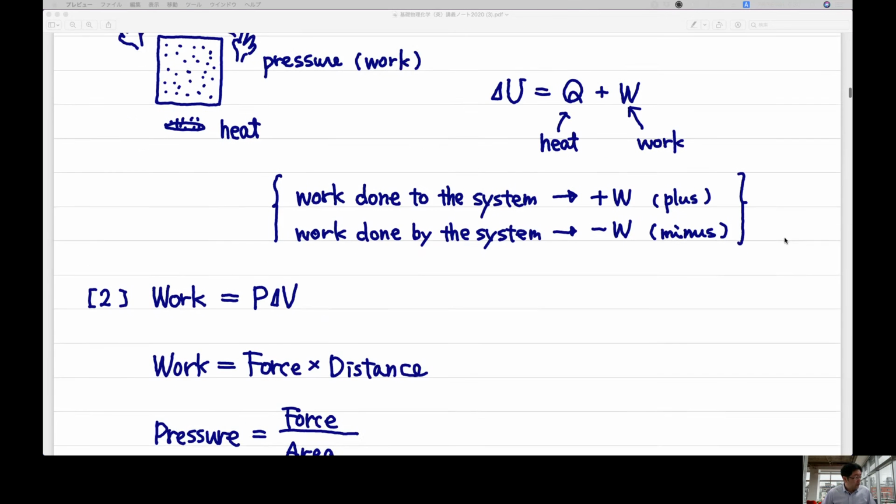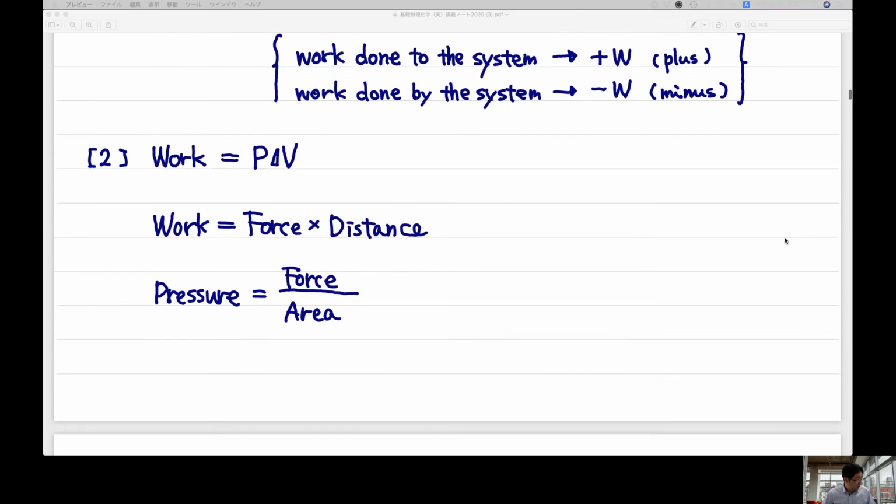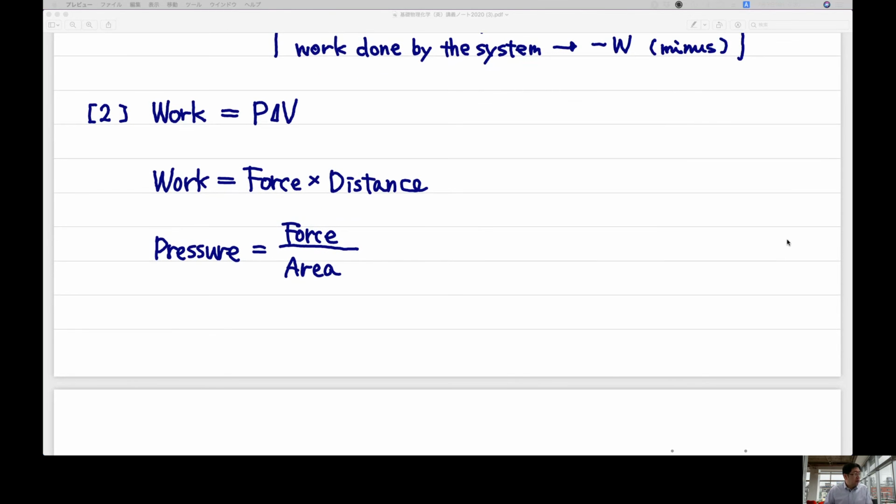So I would like to explain this part. Maybe all of you know the work equals force times distance, okay? If you add a force and move some material to another place over some distance, that is the work.